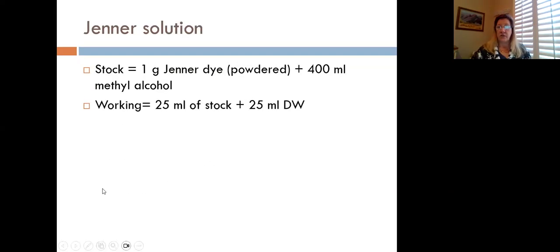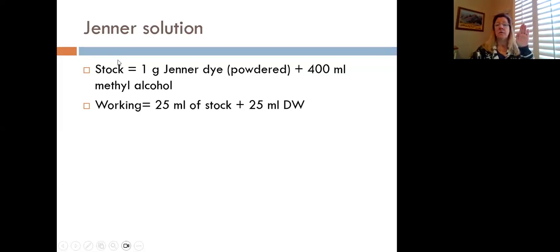So what is your Jenner solution? Your Jenner solution is a stock solution that's made into a working solution. So what does that mean? A stock solution is a solution that is pre-made, that hangs around in its bottle, but it's not a usable thing until it is added to other components.